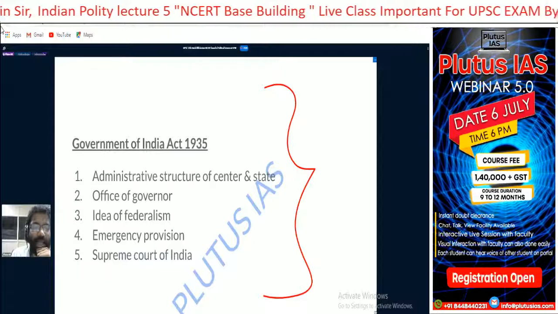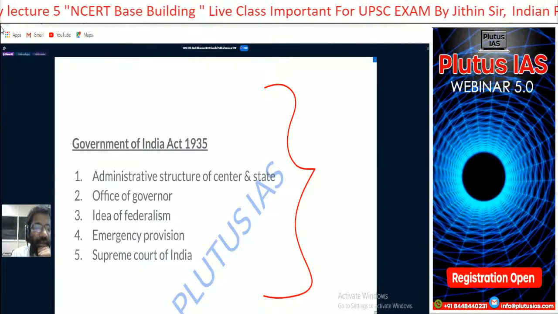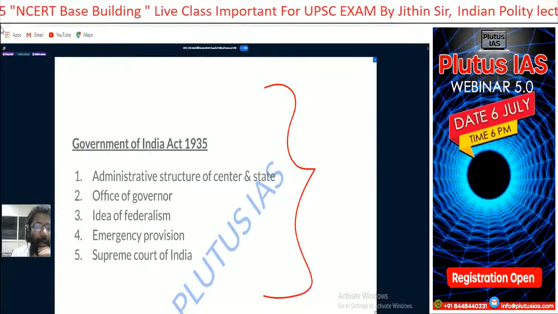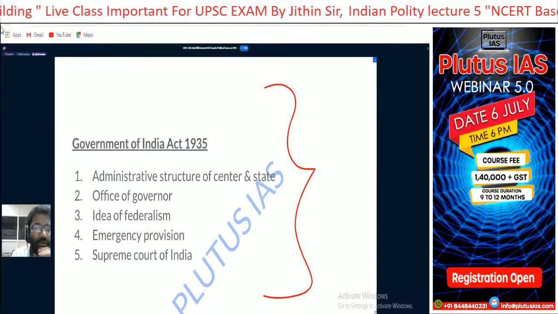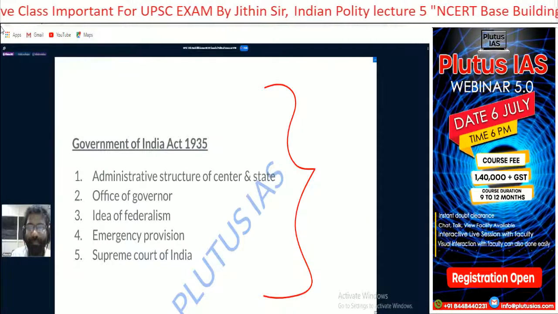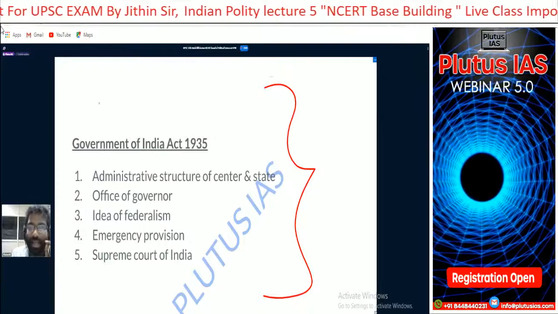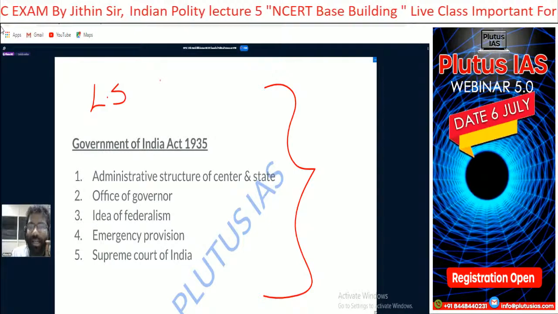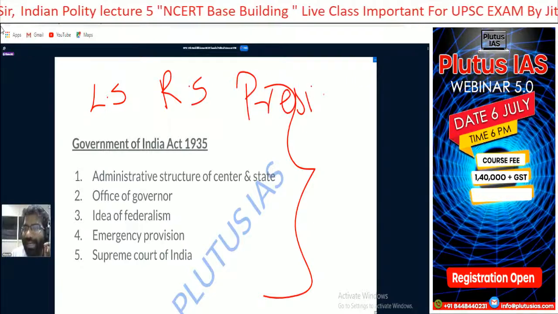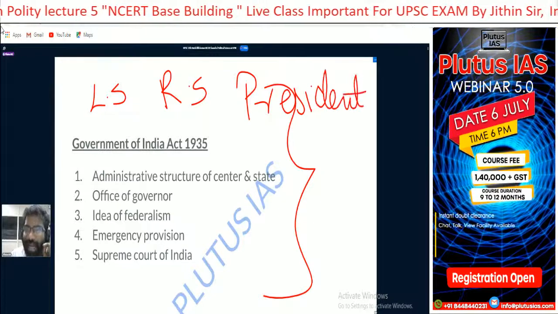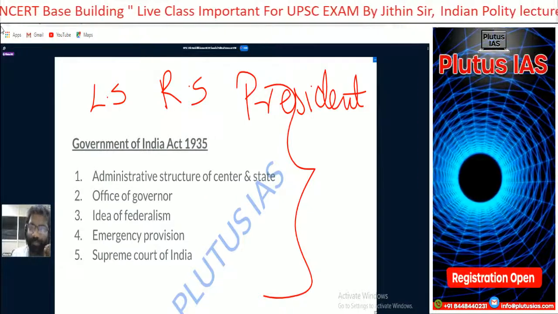Everyone got it clear? Now, Sakshi has texted me one question today, like Lok Sabha, Rajya Sabha and President are part of Indian legislature. Yes, they are very much part of Indian legislature. I will explain why.